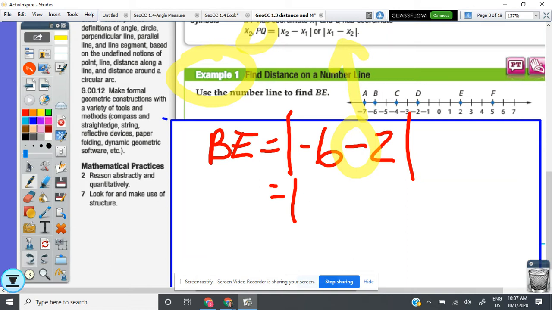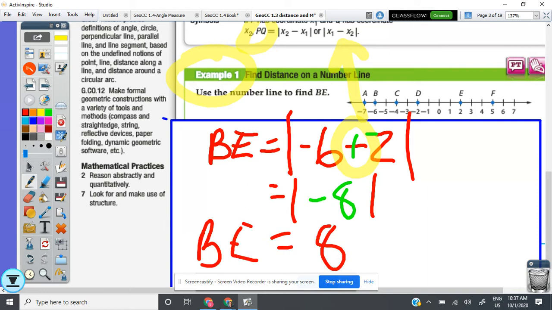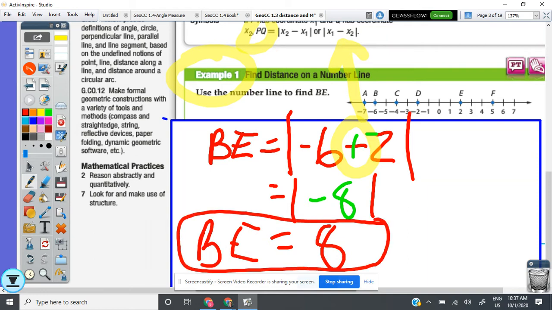If you have to do that, they're the same sign, so we're going to get a -8. Absolute value says just make it positive. The lines are from the formula. The lines are absolute value, and that means make it positive.